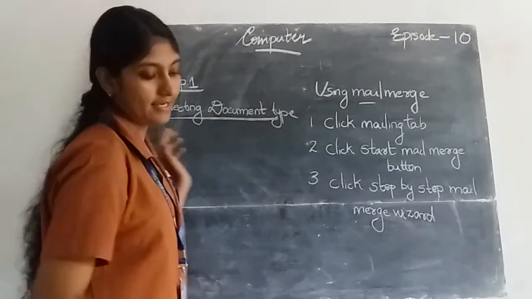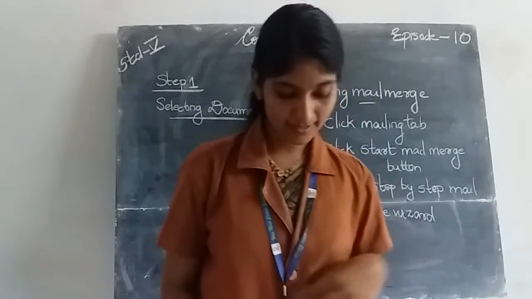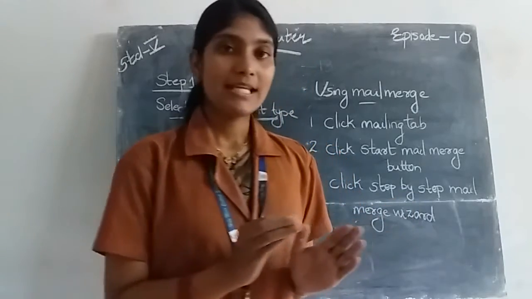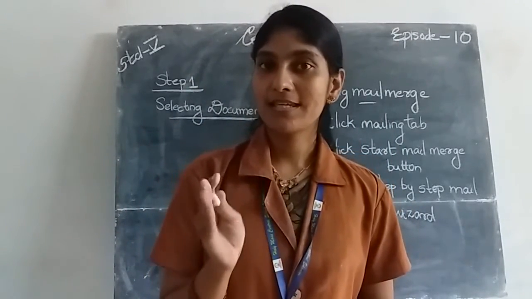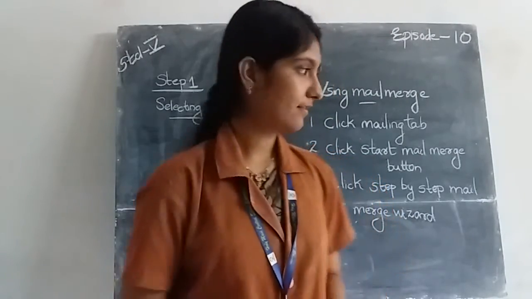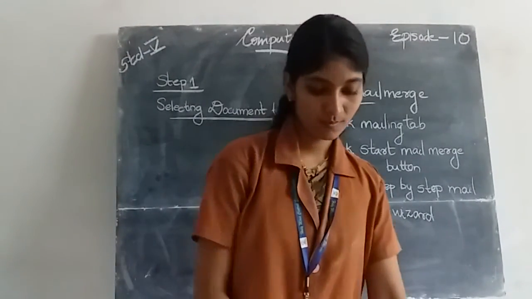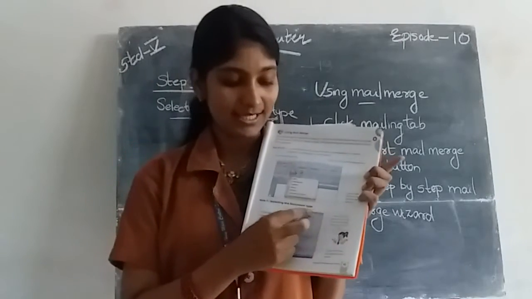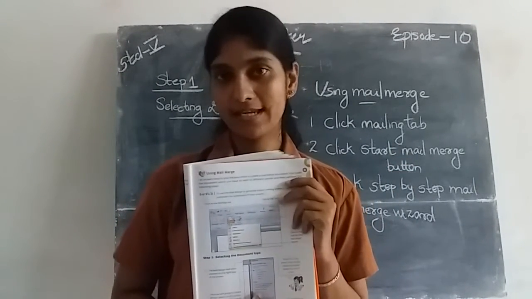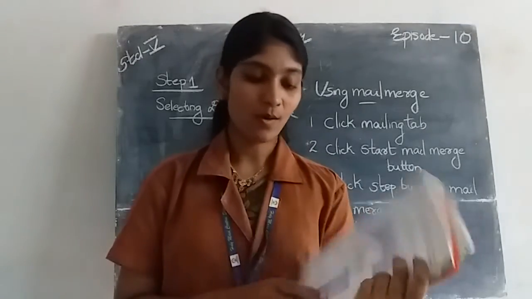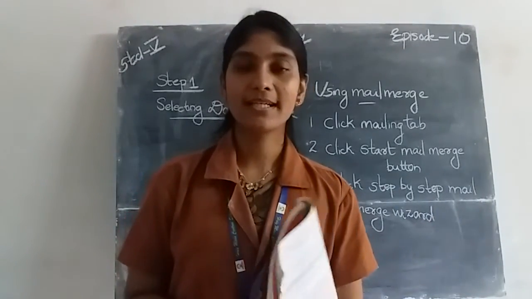How to select the document type? There is an area present at the right side of the screen. Look at the picture. That area is known as the mail merge task pane.